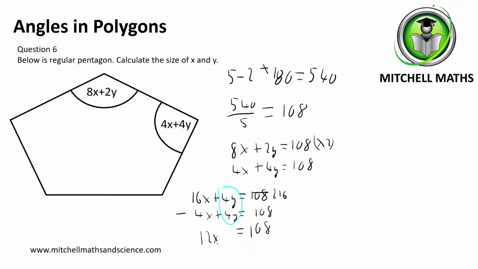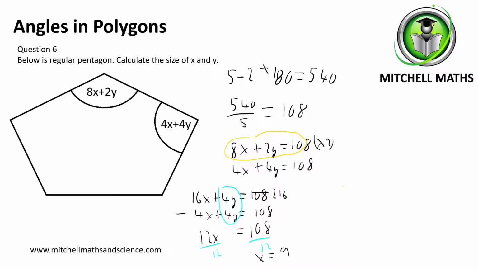Then I can divide by 12 in order to find my value of x. 108 divided by 12 will give you 9. So we know that x is equal to 9. Now we put our value of x into one of the earlier equations. I'm going to choose this equation here.